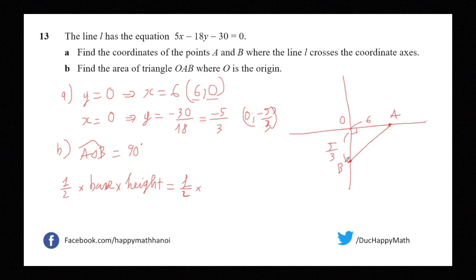Minus 5 over 3 is the value of the coordinate of point B, it's not the length. Okay, so 6 times 5 over 3, so 30 divided by 6 equals 5. The area of this triangle is equal to 5.